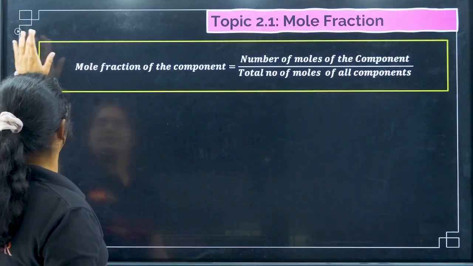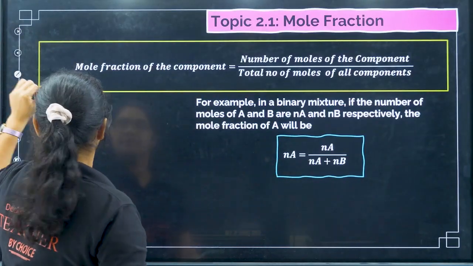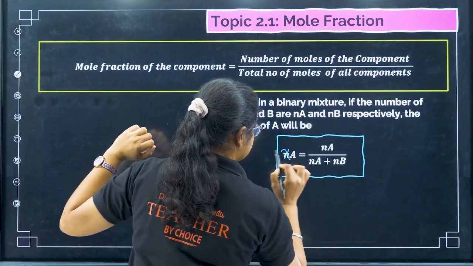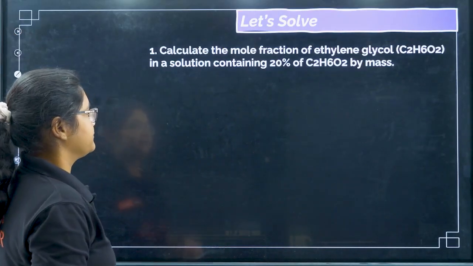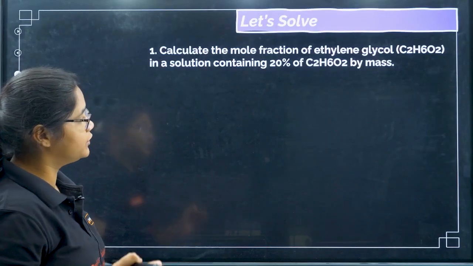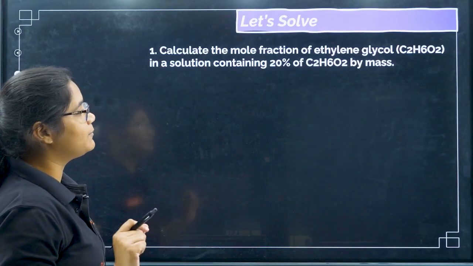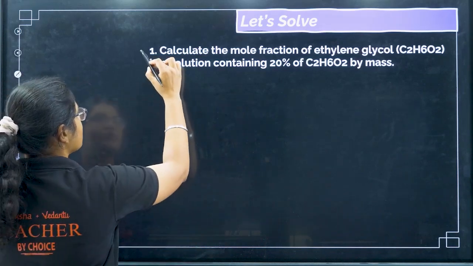So here I have already given you mole fraction. We have given this formula as well. So this is actually XA. Here's a question on mole fraction. Calculate the mole fraction of ethylene glycol in a solution containing 20% of C2H6O2. Let's try to solve this question.